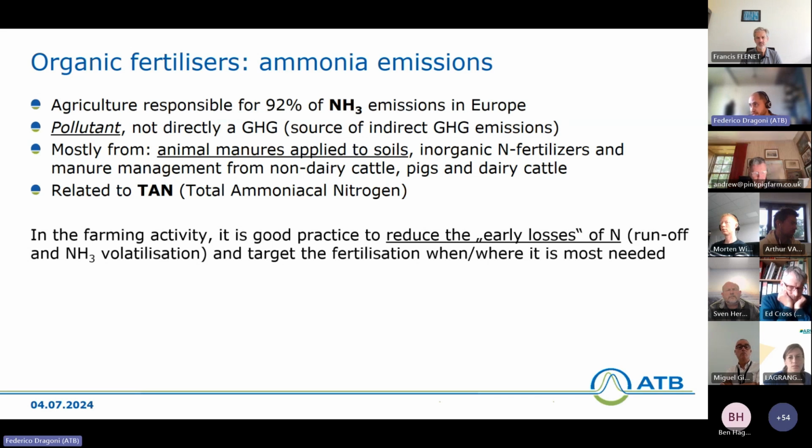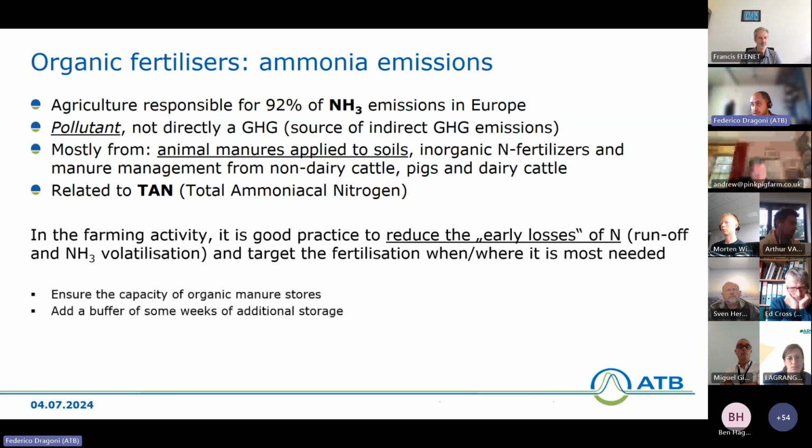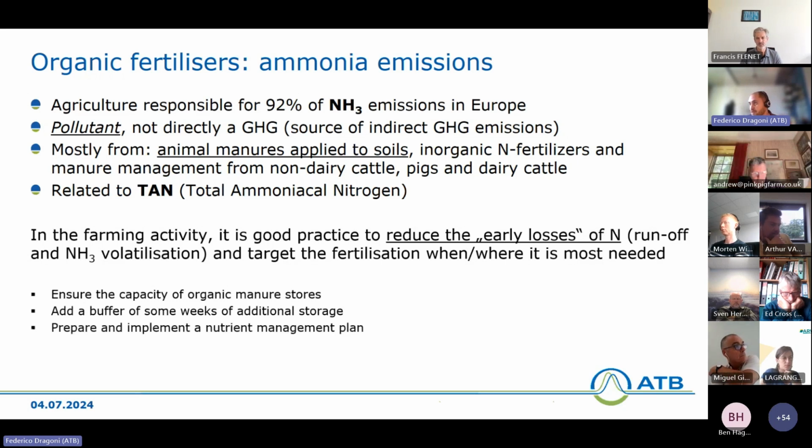So targeted fertilization is key, ensuring that you are not in the situation in which you have to urgently dispose of such waste. So have a sufficient buffer capacity in the manure storage, if your farm, of course, is producing such effluents, and have a nutrient management plan. This is quite straightforward.